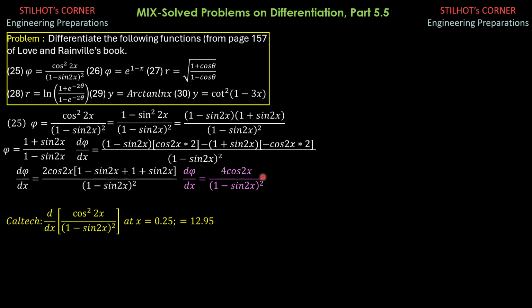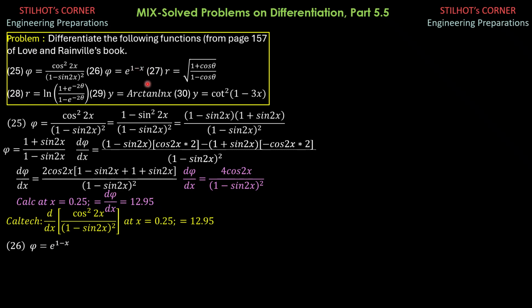You also calculate this answer at x equals 0.25, and don't forget to set your calculator in radian mode, and that is also equal to 12.95. Check.